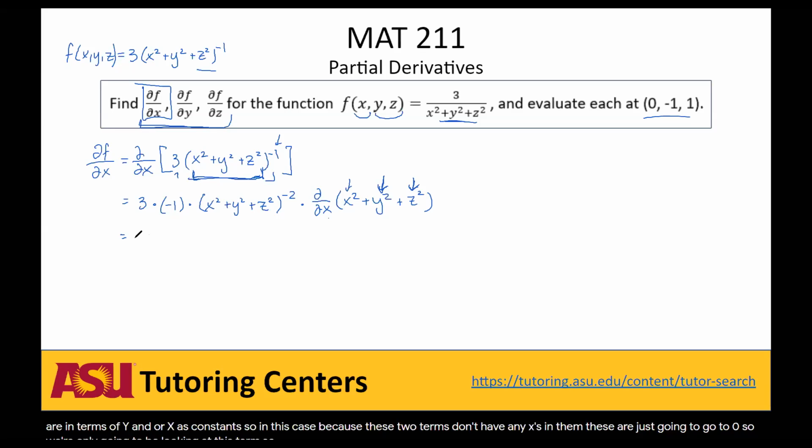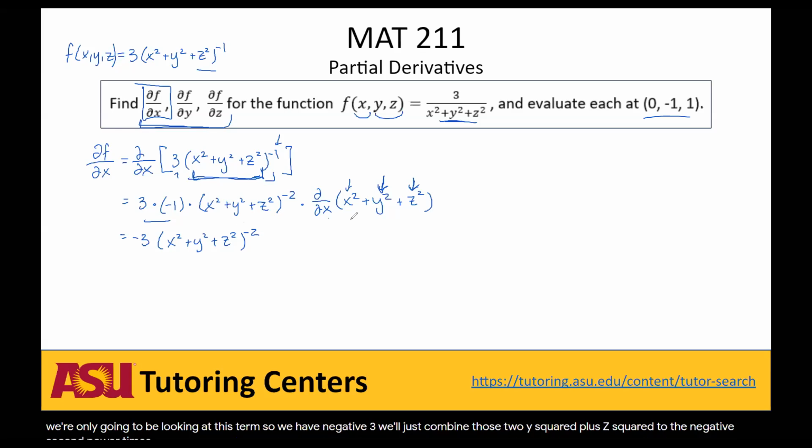So we have -3, we'll just combine those two, x squared plus y squared plus z squared to the -2nd power times our derivative here, which is just 2x for our x squared term, plus 0 plus 0. So we just have a 2x here.